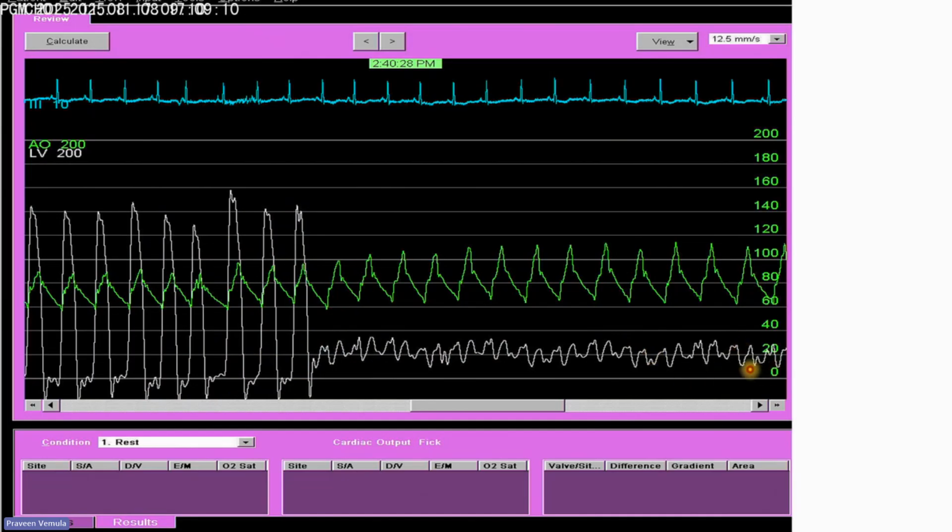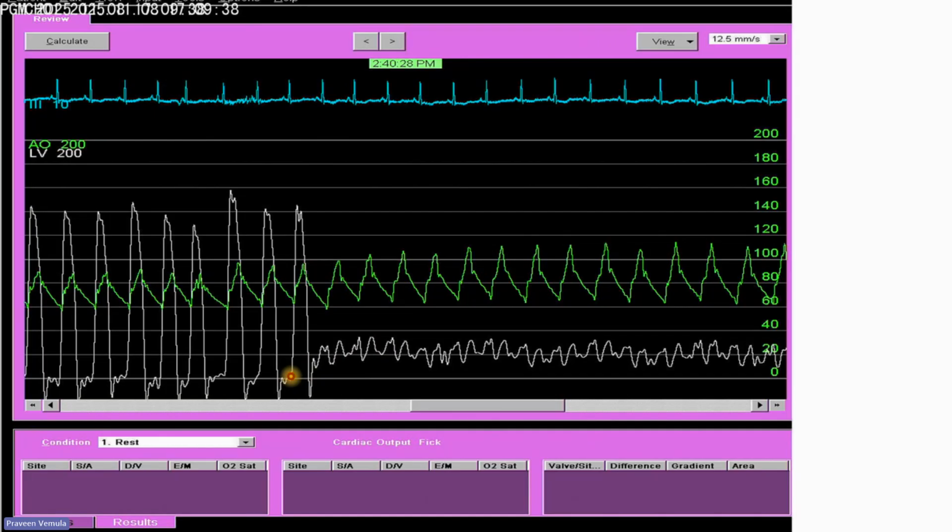So what is the LA mean here? It's around 20. Is it normal? Anyway, what is the LVEDP approximately? It's almost 1 or 2, no? Very low. So LA mean is 20, LVEDP is around 2 or 3 or 4 or 5. So there is a 10 to 12 gradient between LVEDP and LA.